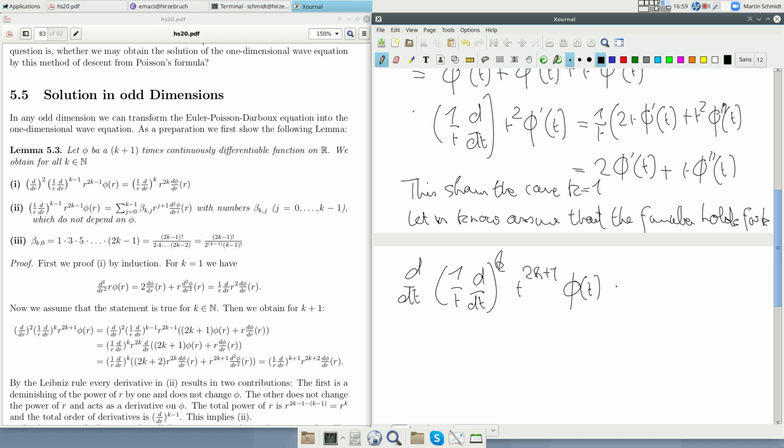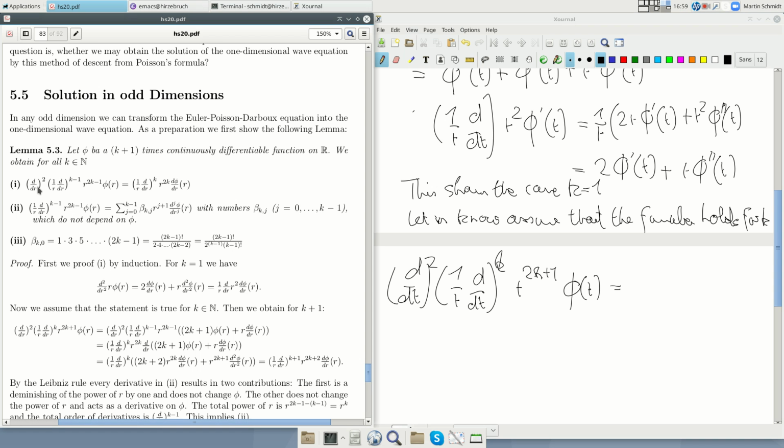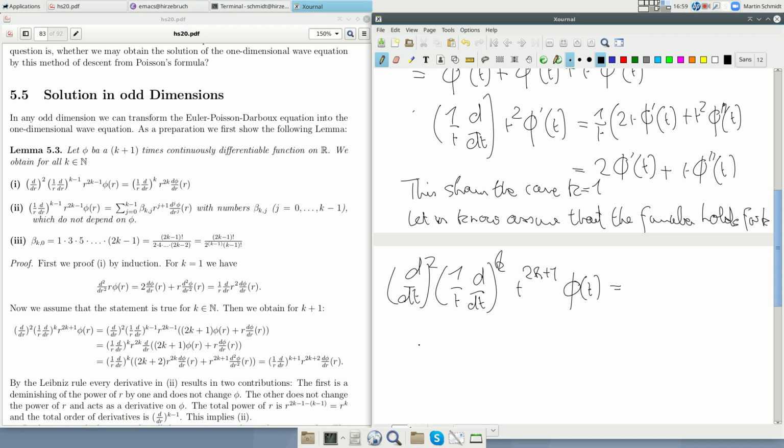Okay, what we get? Here we have a square. So now we apply this operator once, so that we can apply this formula. Then we have d by dr squared, and now if we take here the derivative, 1 over r d by dr to the power of k minus 1.